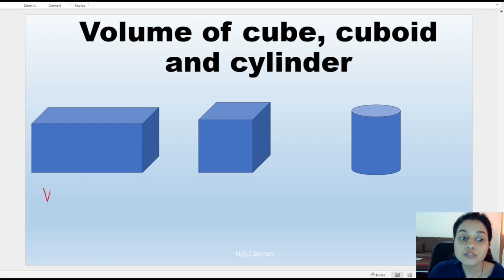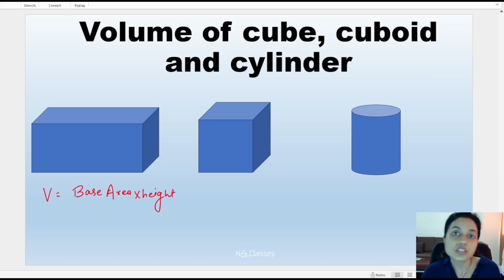So the volume formula in general is base area times height, which is valid for all three-dimensional shapes. Here we have base area as length times breadth, and times height. That means the formula for the volume of the cuboid is length times breadth times height.